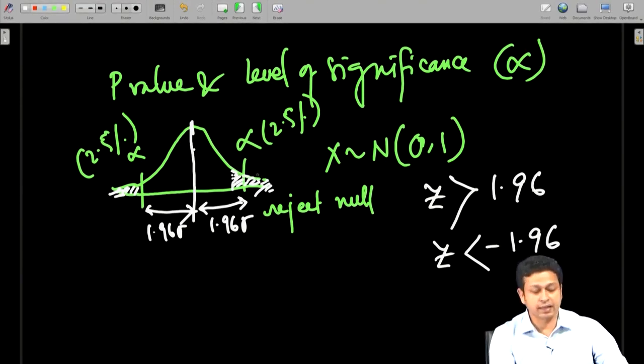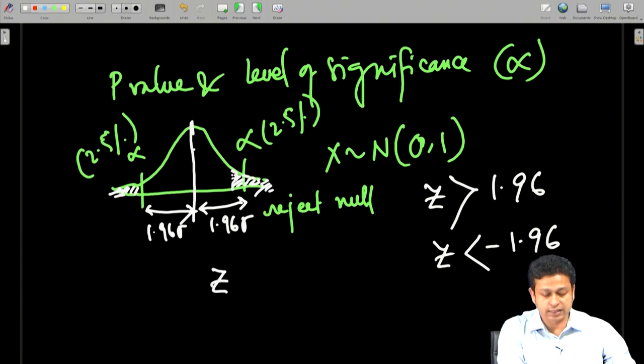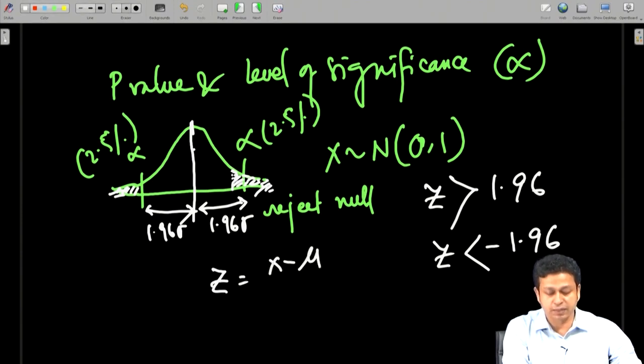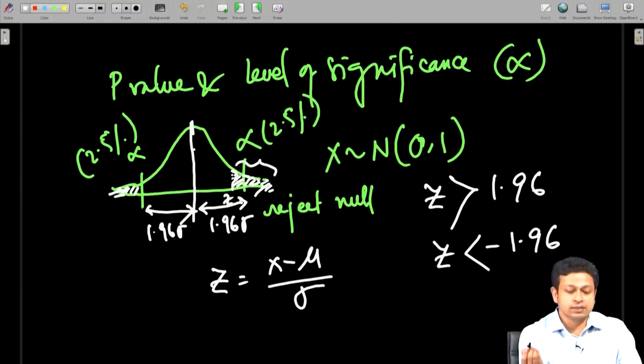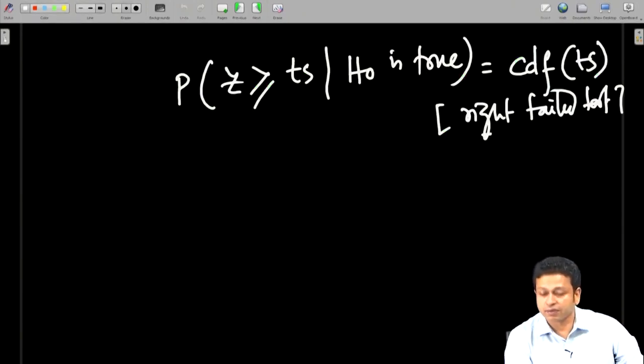Here my test statistic is z, and z is nothing but x minus mu by sigma. Whatever the value of z I get, the area to the right of this is the p value. That is why I have written that it is for the right tail test.